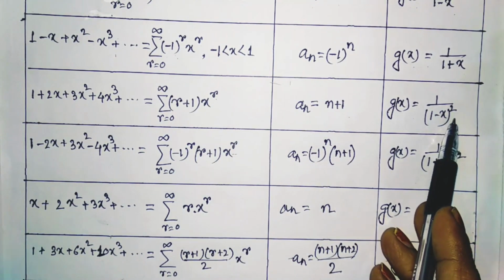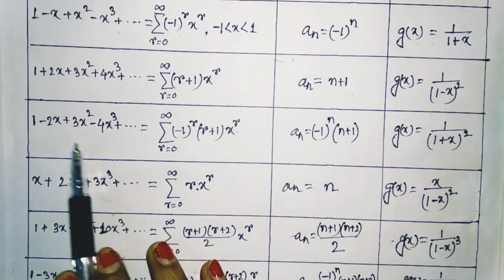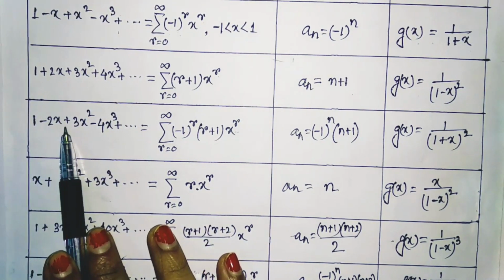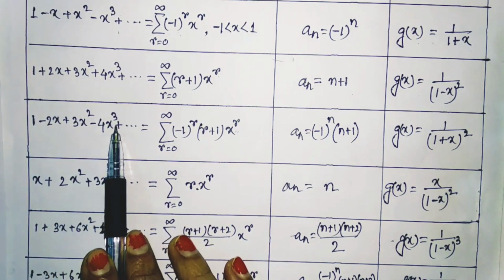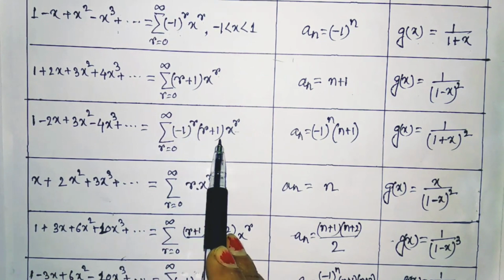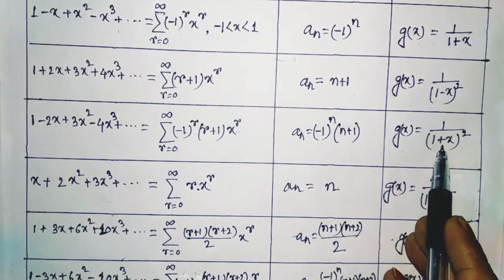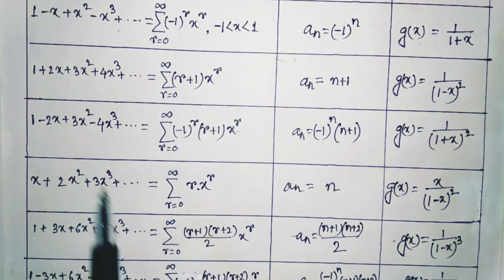Next one is 1 minus 2x plus 3x square minus 4x cube, the alternating version of this one. Then its series is minus 1 to the power r, into r plus 1, hence the an, and the g(x) is the same except that instead of this minus, it is a plus.